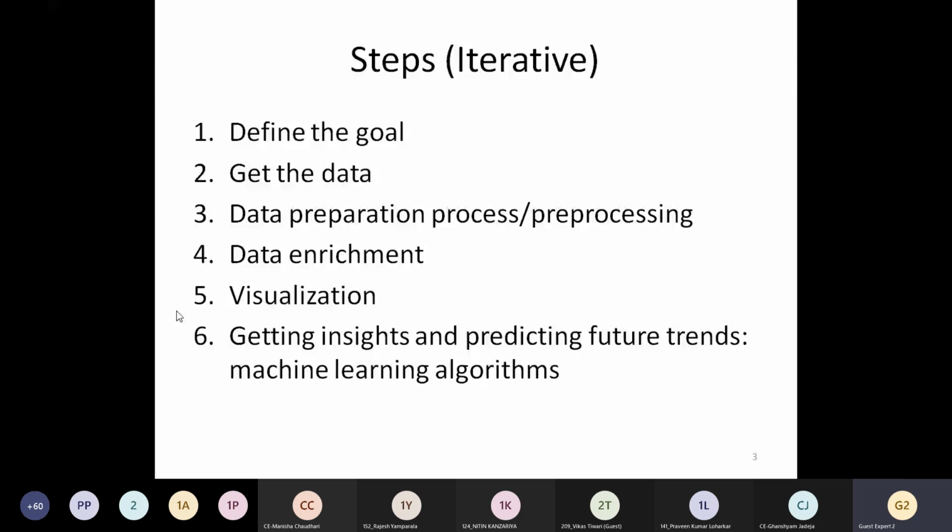The next step is data enrichment, which is also called feature engineering. During feature engineering, you have to find out the relationship among various features. A feature is nothing but a column of your data set. You check whether a specific column is important for solving your problem or not.